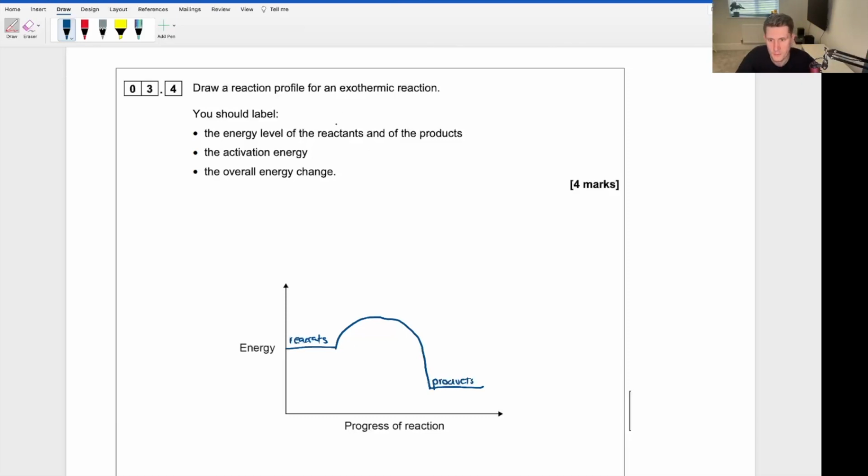So we've got reactants done, we've done our products, we now need activation energy and energy change. So our activation energy is always from the bottom of the hill to the top of the hill. Now make sure when you're drawing these arrows that it goes from the bottom straight to the top. Don't stop short, always go straight to the top. So that is our activation energy.